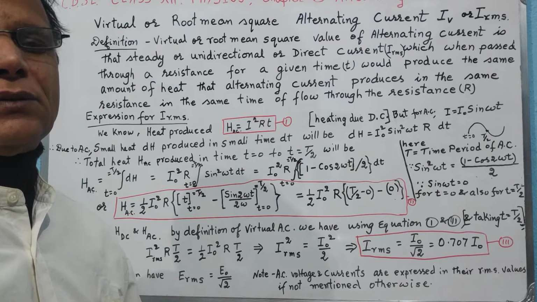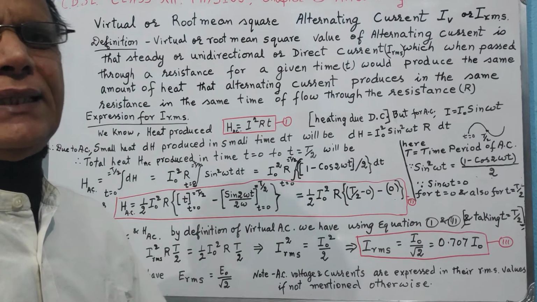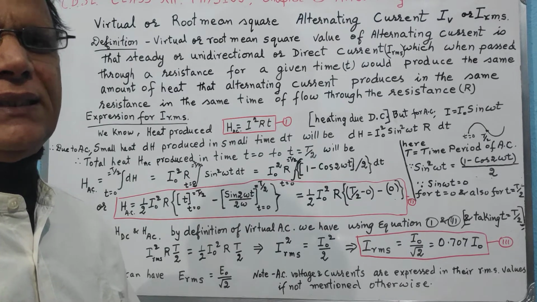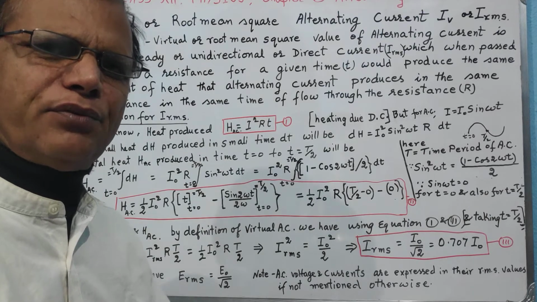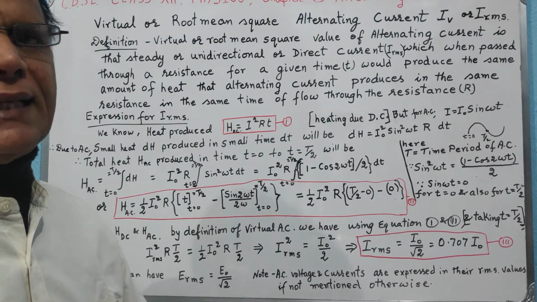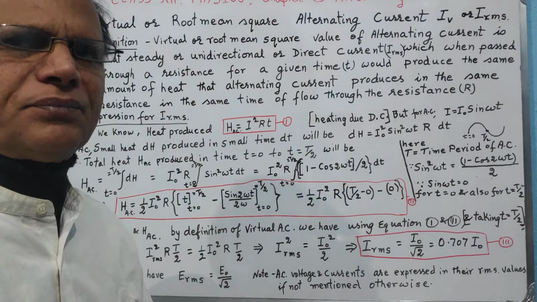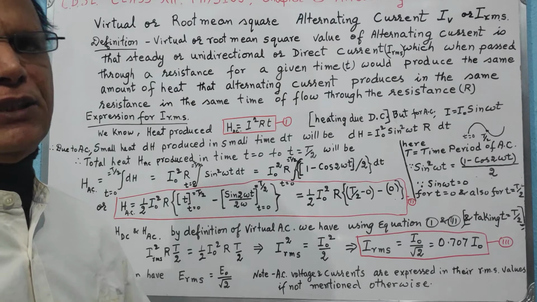So wherever it is not mentioned otherwise, you take it that it is the RMS value of AC. If it is voltage, it is the RMS value of voltage, and if it is current, then you take it that it is the RMS value of current of AC, unless mentioned otherwise.